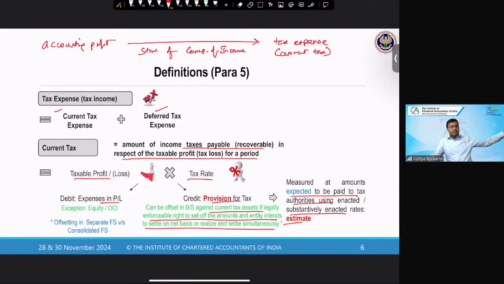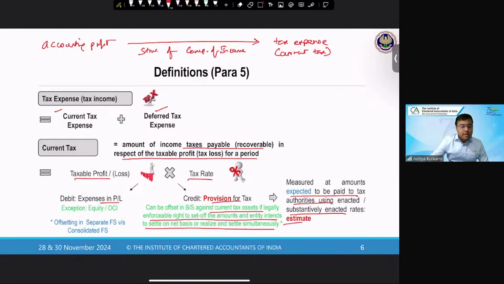You start with accounting profit, then you arrive at taxable profit, and on that you apply the tax rate to arrive at the tax expense. So your statement of computation of income becomes one of the major documents that will help you identify deferred tax assets and deferred tax liabilities, as well as the current tax expense. Is it okay? Yes. All right.